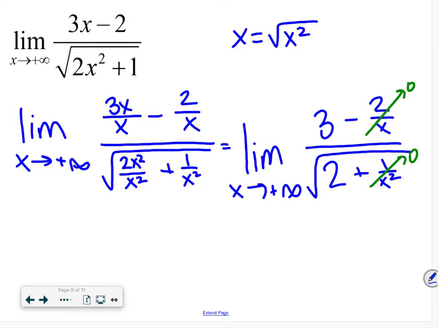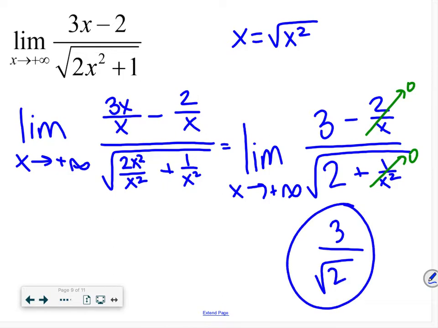It was like that very first row we wrote down. That's the x to the r. It doesn't matter what color, it doesn't matter what power. So we are left with 3 over radical 2. Essentially, we have a horizontal asymptote that towards the right, we're approaching 3 over radical 2.